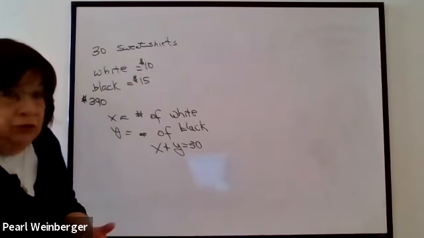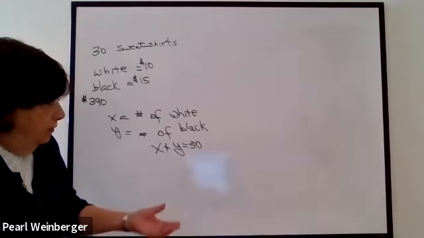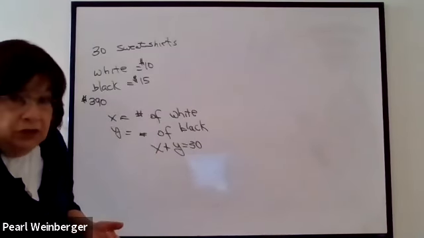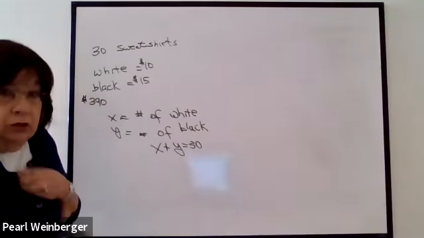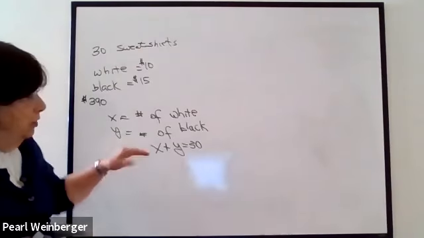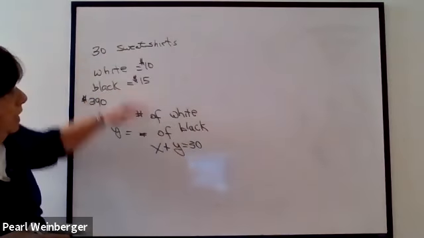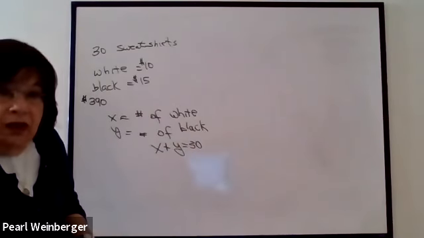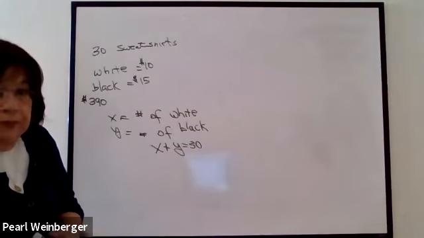We didn't include that in our equation, because the 30 has nothing to do with how much each of them cost. It's just a total of how many there were. The total between the white and the black was 30, so x plus y equals 30 was our first equation.